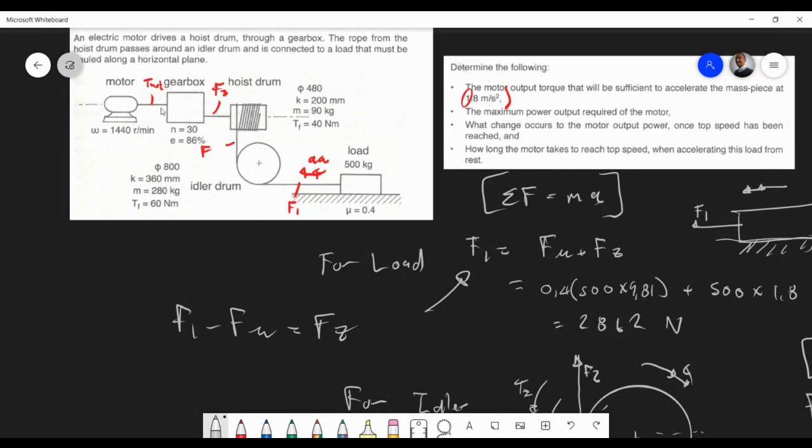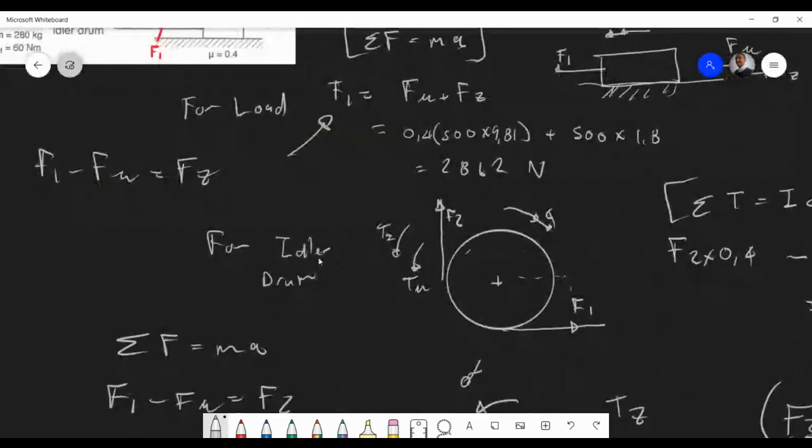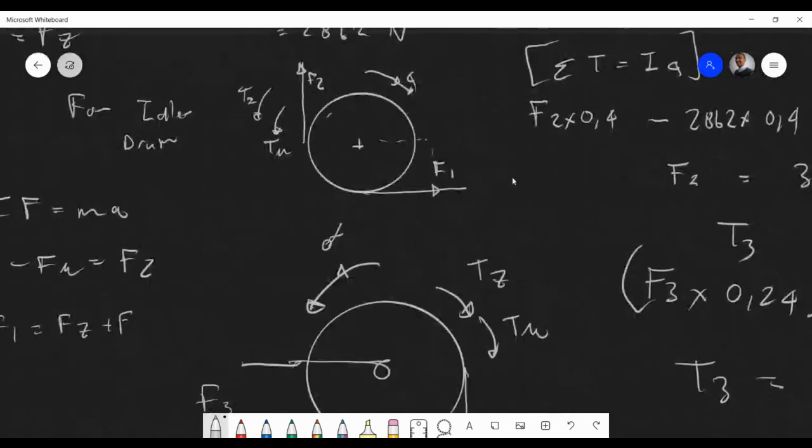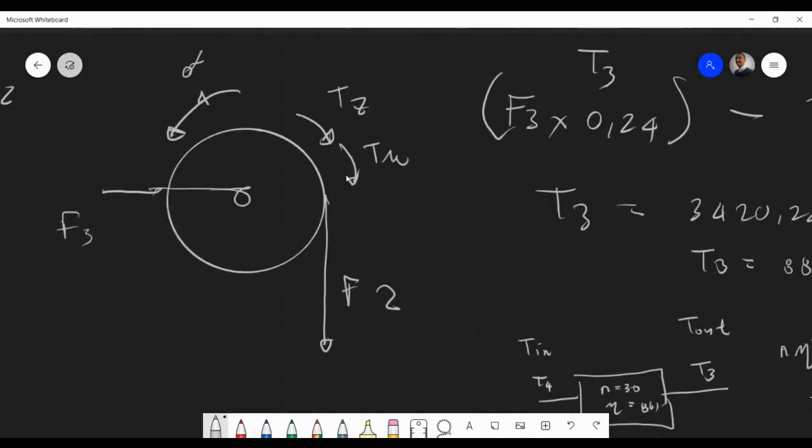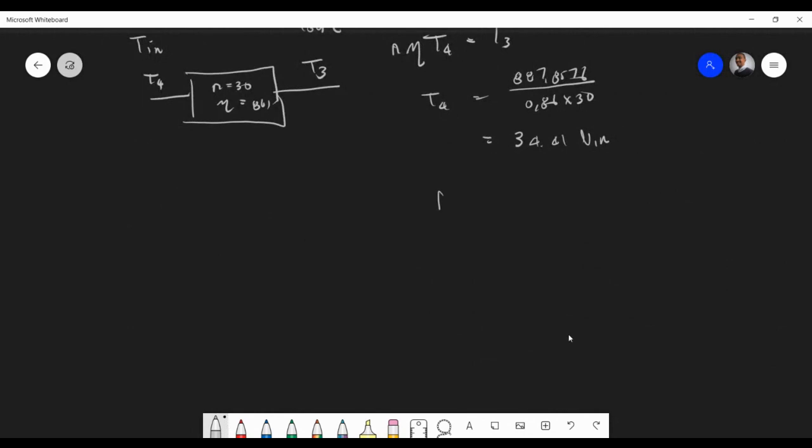And now, of course, we found the motor output, and they want the power. Guys, power is easy. It's not even worth our time again. They give you the velocity of 1,440 revs per minute. So it's 34.41 times 1440 times 2 pi over 60.